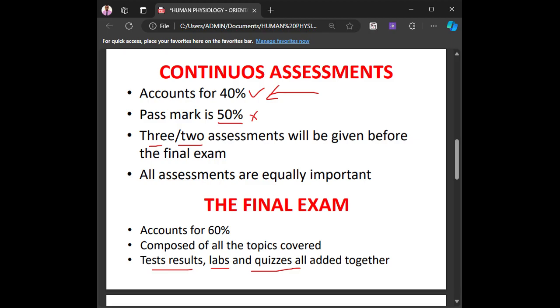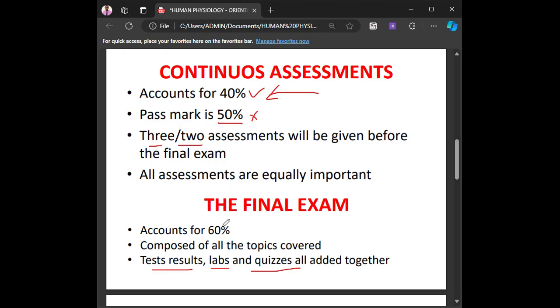Or it can be that the labs are given 5% and the quizzes are given 15%, or the quizzes are given 5, the labs are given 5 and the tests are given 30%. The way they share these percentages differs from one academic year to another.